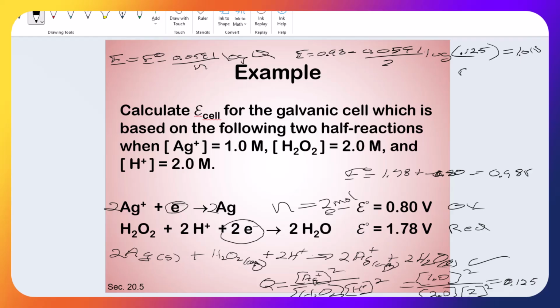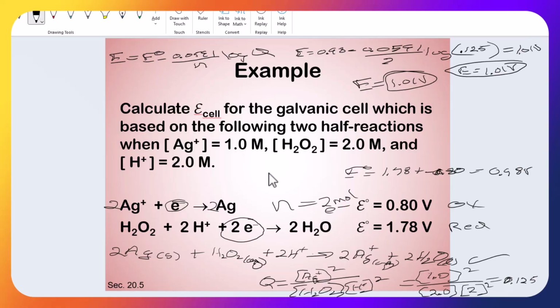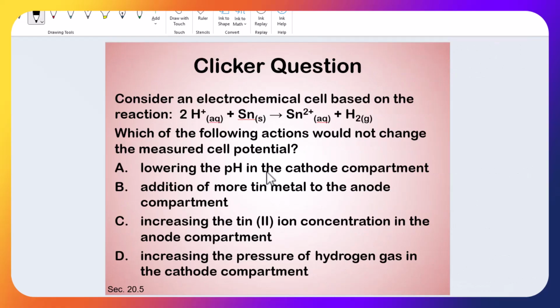So the non-standard E of the cell is 1.01 volts. Hopefully that showed up. Let me put it over here just to make sure. 1.01 volts. Okay, that is using the Nernst equation for non-standard cell potentials.